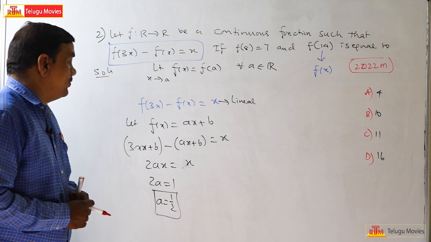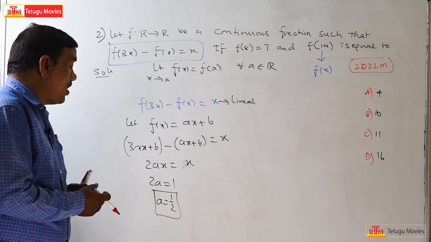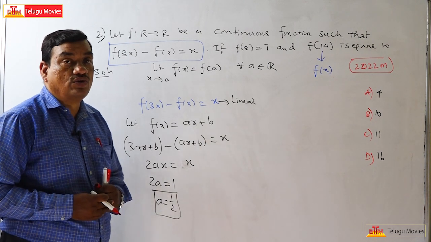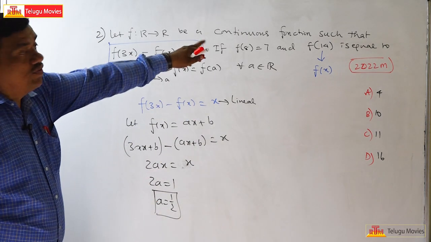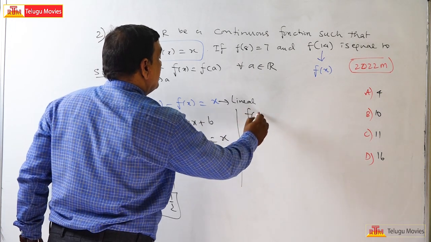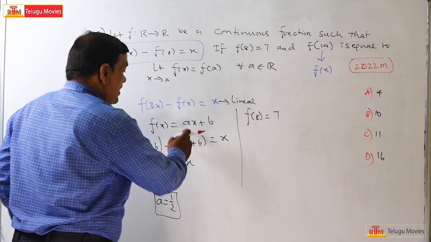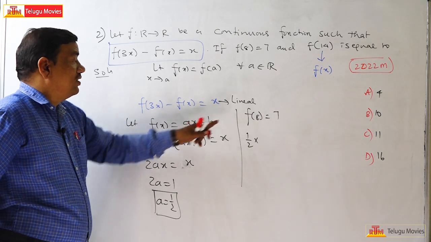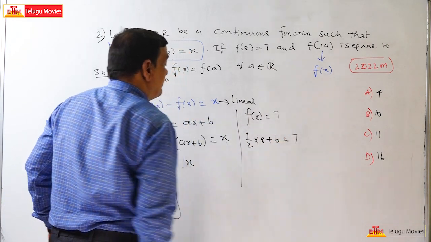Otherwise you can take x to the left-hand side, giving 2a minus 1 times x. Since x cannot always be equal to 0, 2a minus 1 is equal to 0, so we got the a value. Now how to get the b value? For that, one more hint is given: f of 8 is equal to 7. f of 8 means a is 1 by 2, times 8, plus b, is equal to 7.